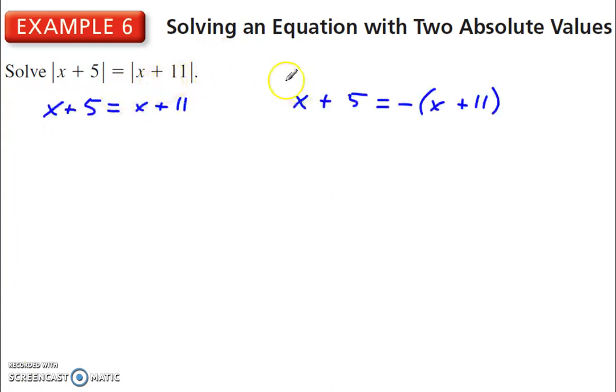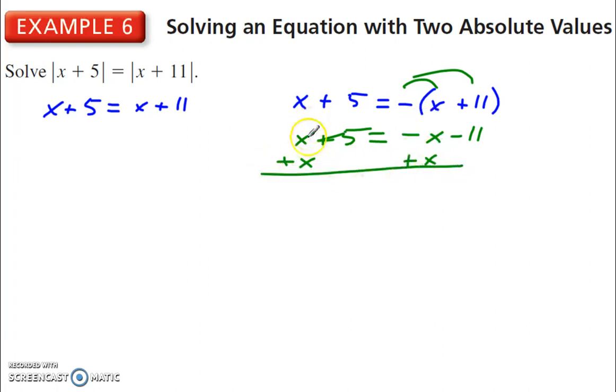Set up your two equations, one with a positive version, one with a negative version. Negative version, remember, distributive property, so we've got x plus 5 is equal to negative x minus 11. And then I can add the smaller variable term plus x, that is not x squared, that is just 2x, because remember, when a variable doesn't have a coefficient, there's a 1 in front of it.